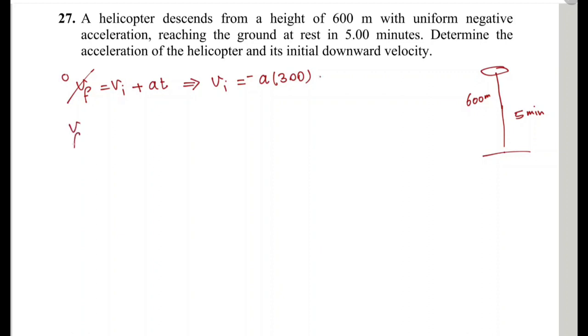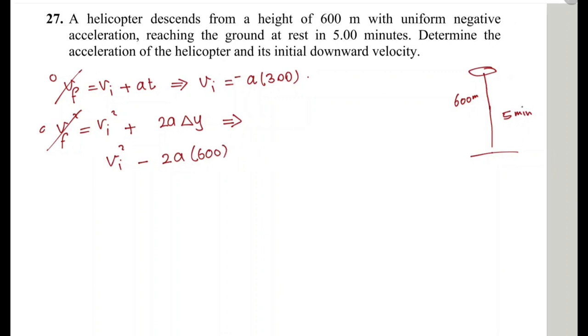Now V final squared equals V initial squared plus 2a delta y, and this is equal to 0 as well. So V initial squared minus 2a delta y, where delta y is 0 minus 600, so minus 600, equals 0.